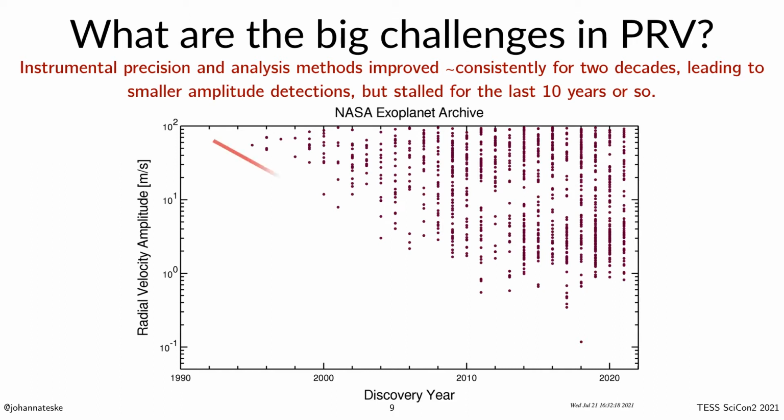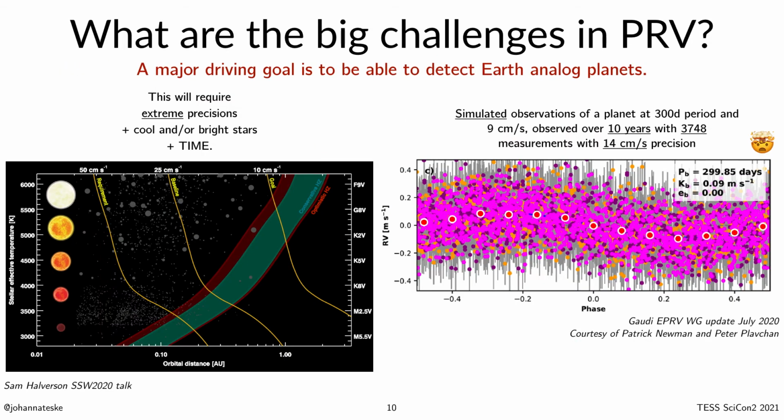But for the last 10 years or so, we've frustratingly reached a plateau of around 1 meter per second, maybe a little bit better. This is frustrating because to find those temperate terrestrial planets around the stars very close to the sun and try to characterize them to compare to the Earth, we have to do a lot better in terms of precision.